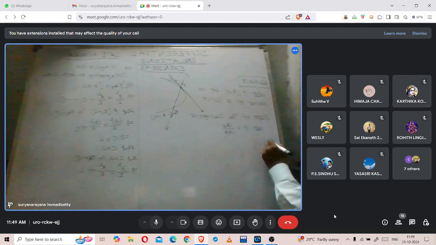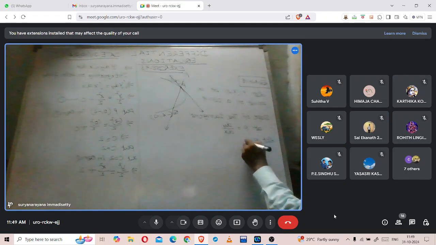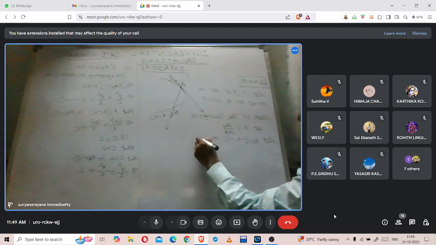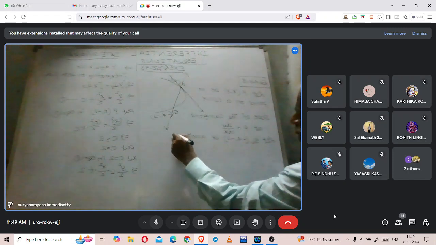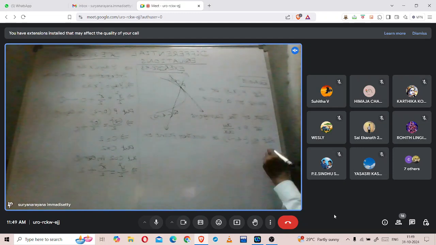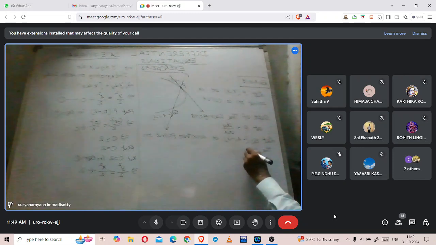Let Q -4, -3 be another point on the curve.